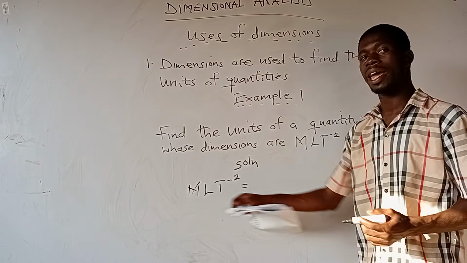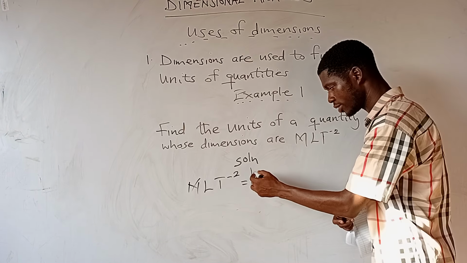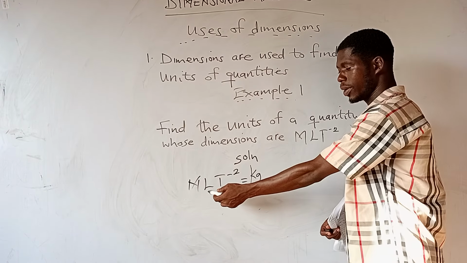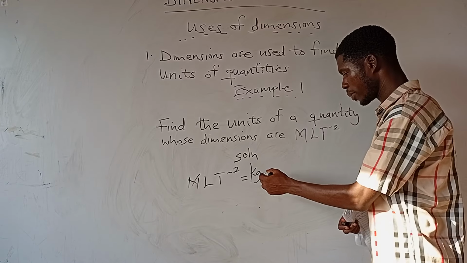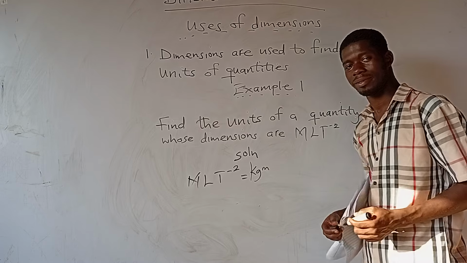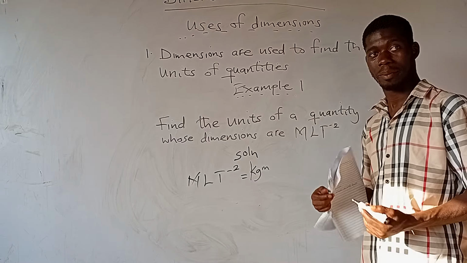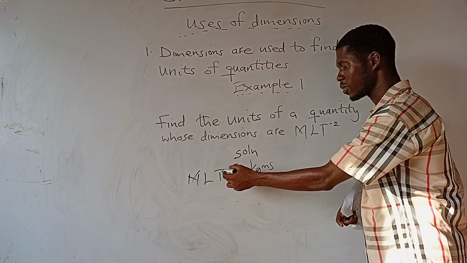Now, the unit for mass is kilogram, that's kg. And the unit for length is meters. Then the unit for time is seconds.